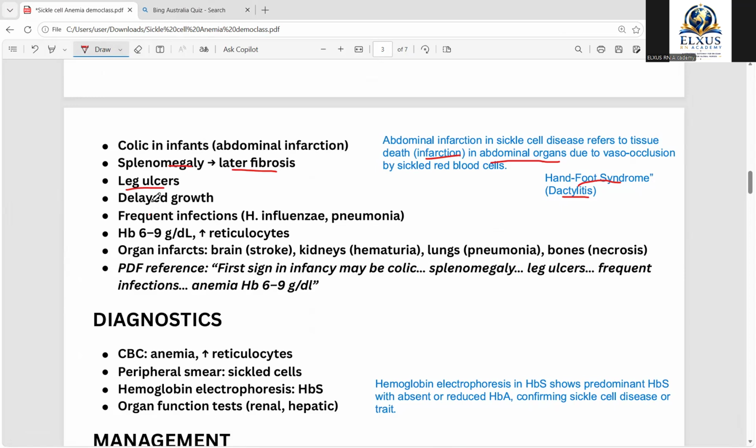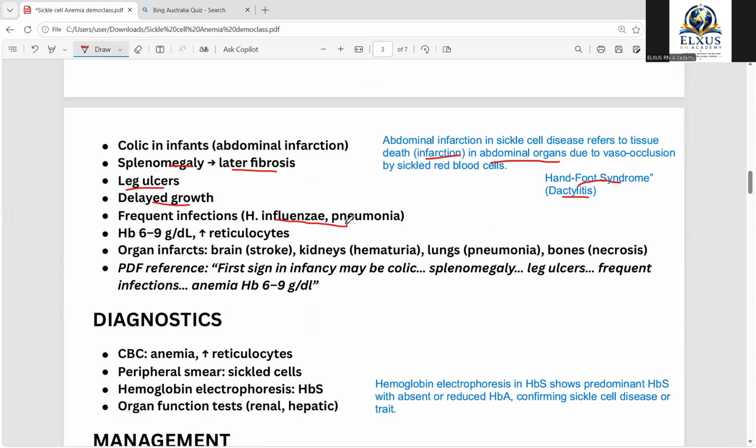Delayed growth: adequate nutrients and oxygen are not being carried through the blood properly, and we know that for our normal metabolism, oxygen is needed. So it can lead to delayed growth, and the body will be prone to infections like Haemophilus influenzae and Streptococcus pneumoniae.